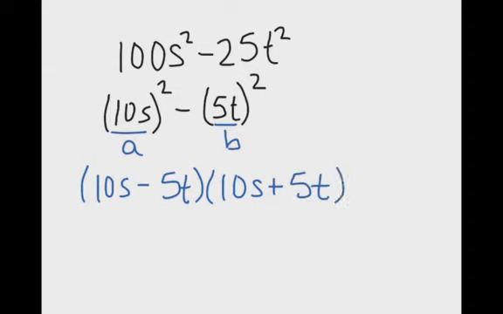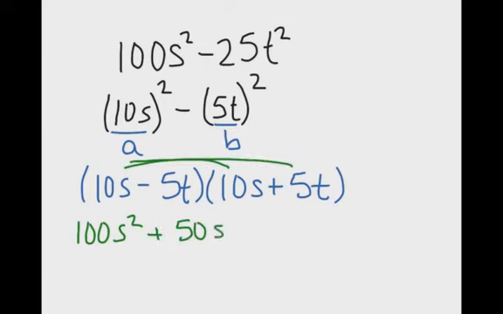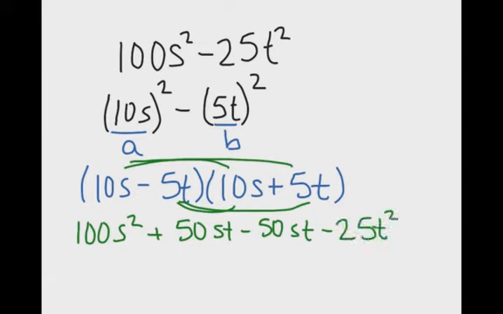Once again, let's FOIL it out just to check and make sure we're right. 10s times 10s is 100s squared. Then we get plus 50st minus 50st minus 25t squared.